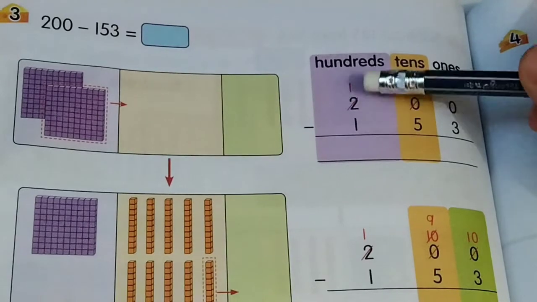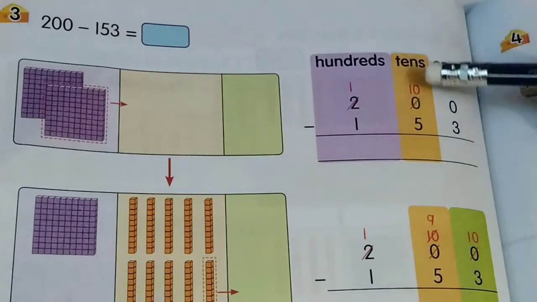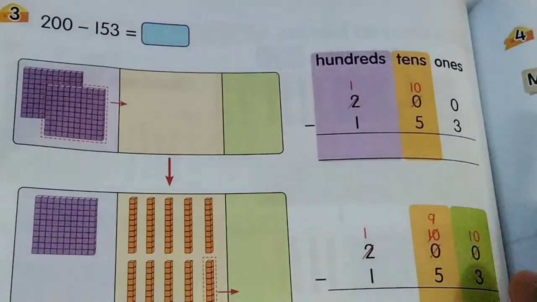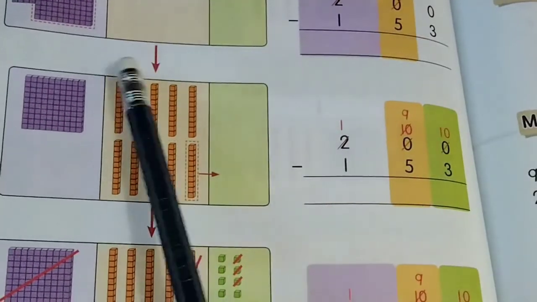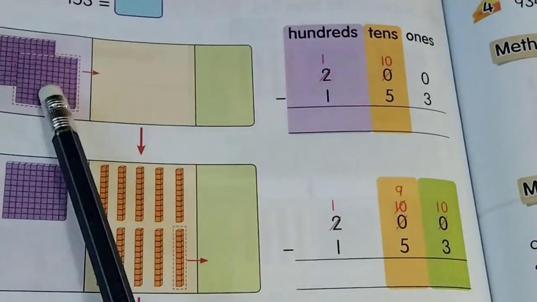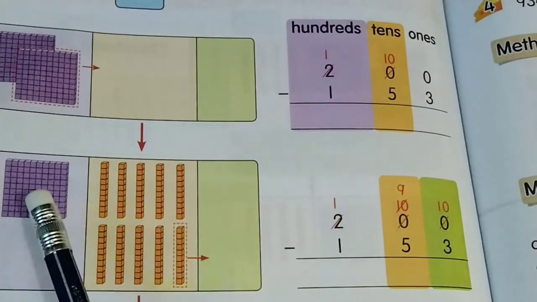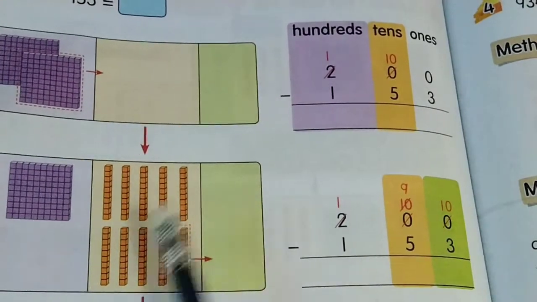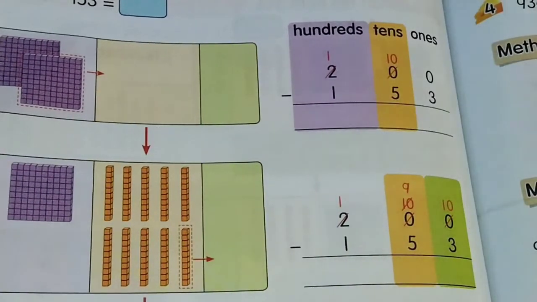So you have to borrow from the next digit, which is 2. So you borrow 1 from 2, and then you bring it to the tens place value. It becomes 10. The 100, we are going to place it in place value 10. That's why it has 10 here.